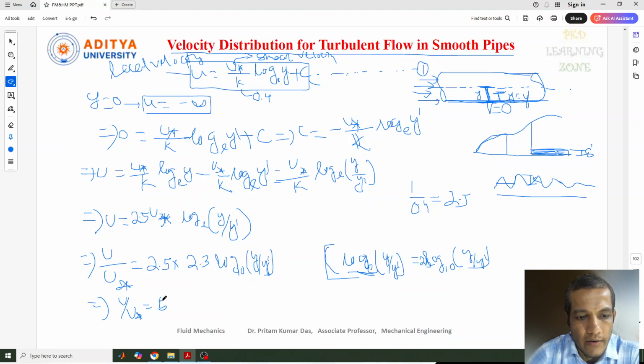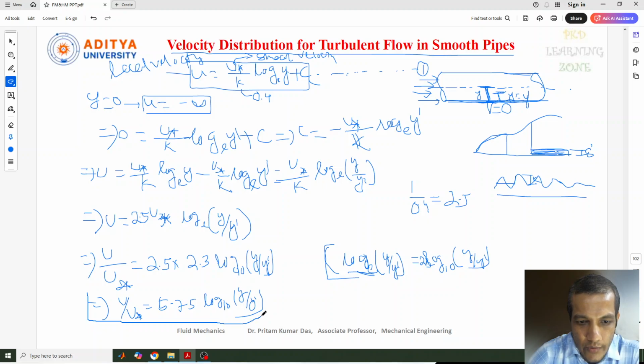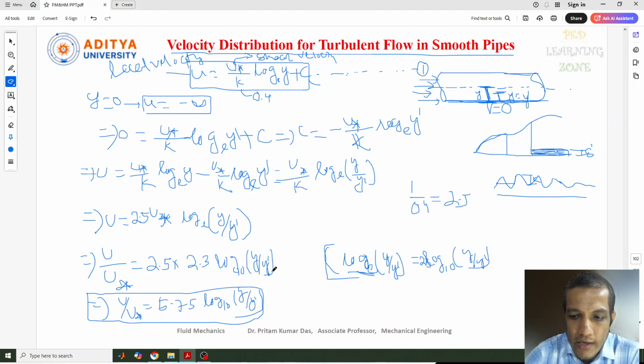So this is 5.75 log 10 y by y dash. Now this is the equation we got from the velocity distribution for turbulent flow. Now this equation again we can give an equation number. Initially we gave equation 1, now we can give equation 2.